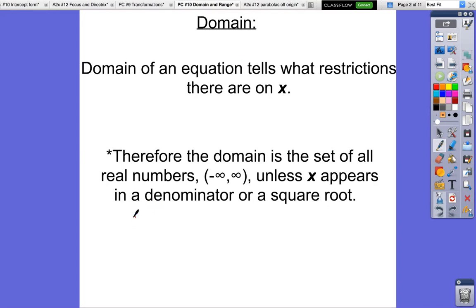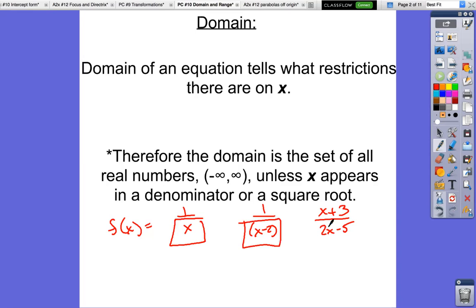If I ever have a function like 1 over x, or 1 over x minus 2, or something like x plus 3 over 2x minus 5, there's always going to be a restriction if the variable is in the denominator.